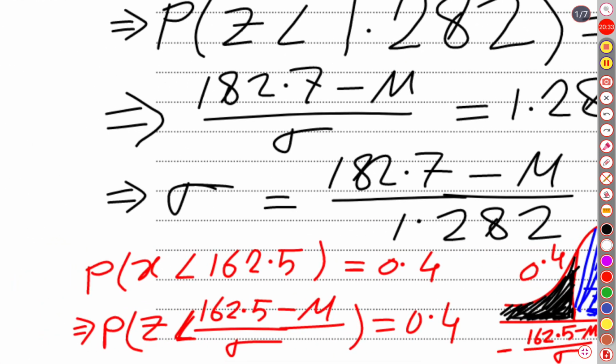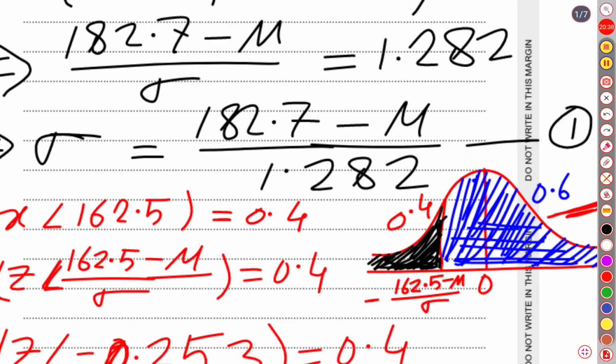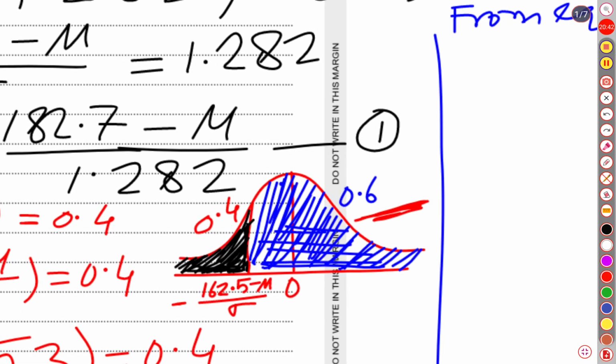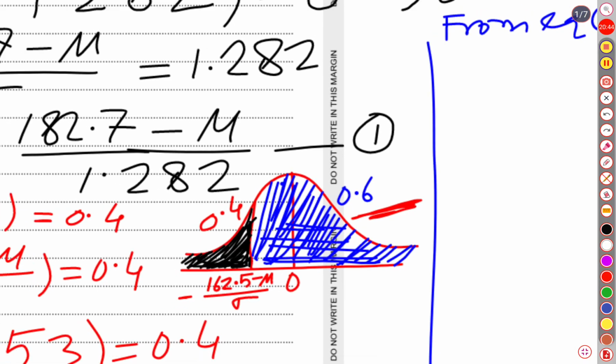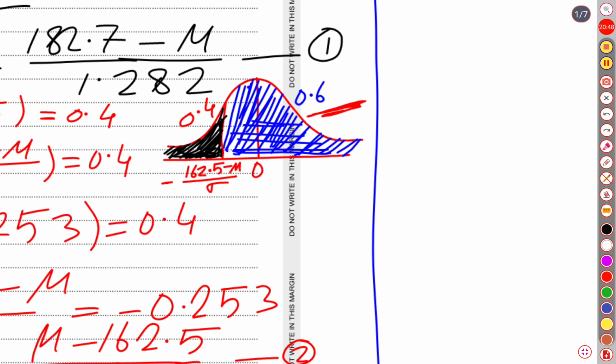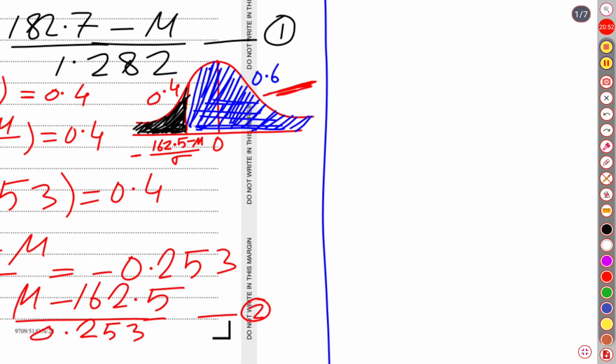In equation 1 the left side is sigma, and in equation 2 the left side is also sigma. That means the right sides must be equal. The right side of the first equation is 182.7 minus mu over 1.282.